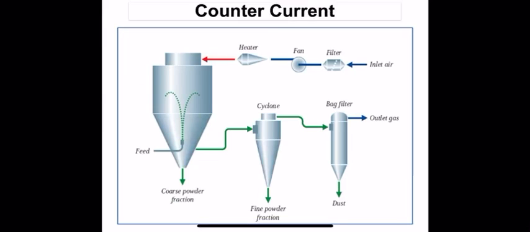Then you can see that from the downside of this big chamber is the feed. This feed moves from the downside, and as a result this can be considered counter-current. Then it moves into the cyclone. Fine powder is separated, and then a bag filter or cyclone is there, and the outlet is gas and dust, which means the powder itself.